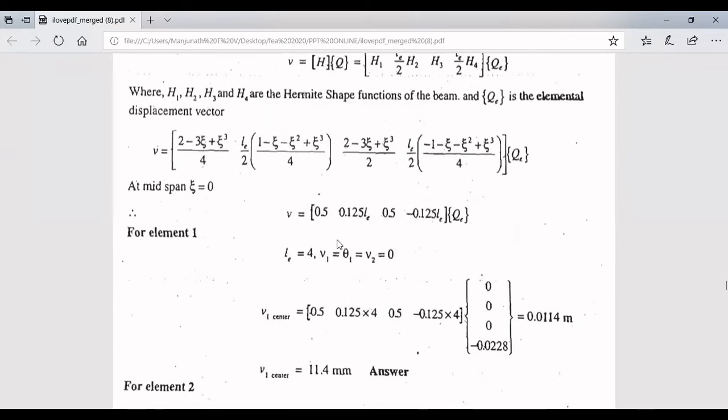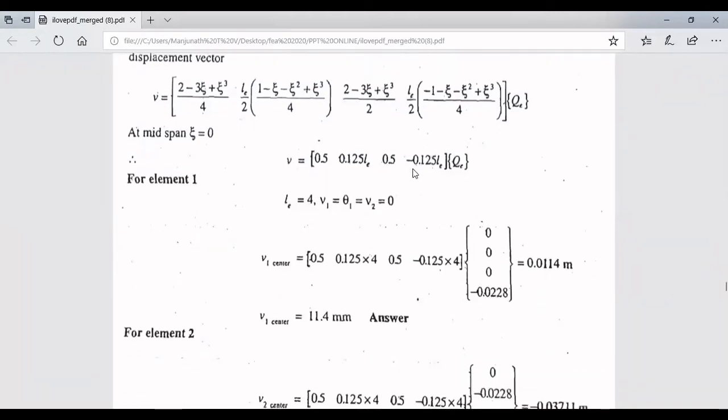Then for element number 1, we need to calculate the maximum deflection for each element. First consider the first element, where LE is the element length, and V1, theta 1, V2.